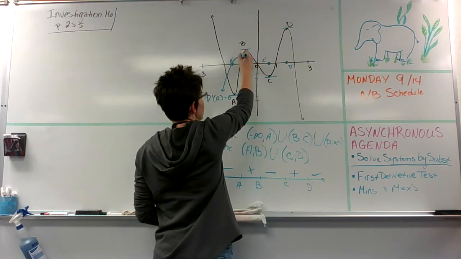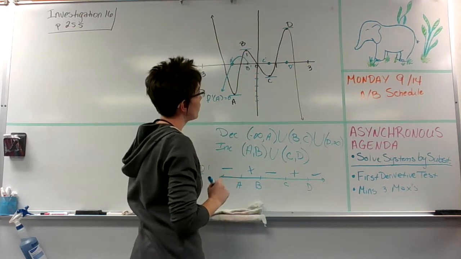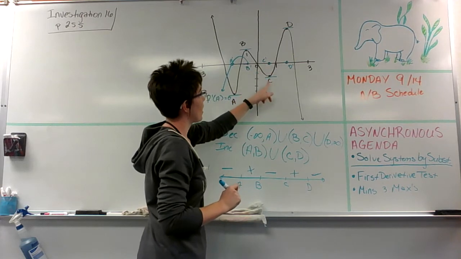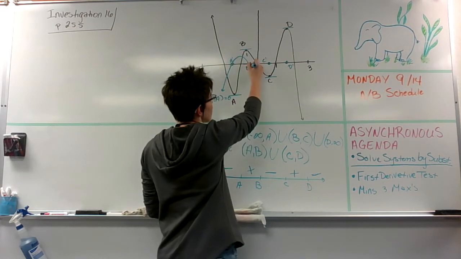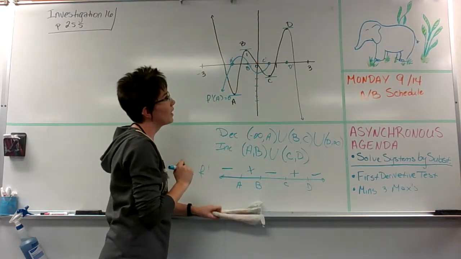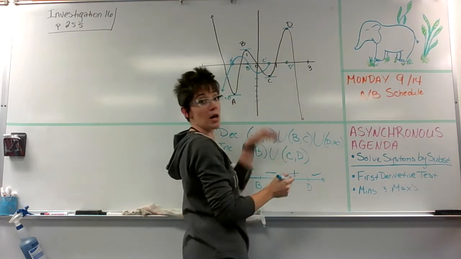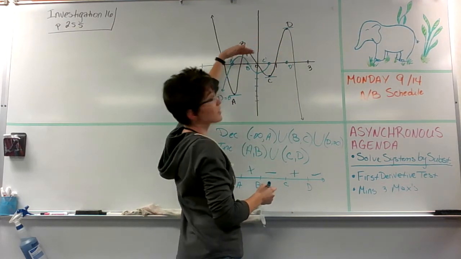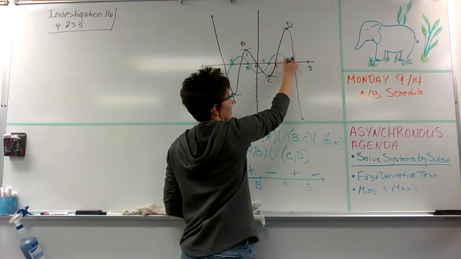So they're positive up here, and then they go to 0 again at B. Between B and C, the values are negative, so they're going to be negative and then back to 0. Between C and D, again, they're positive. So I'm literally graphing f prime of x up here on the positive side of the x-axis.